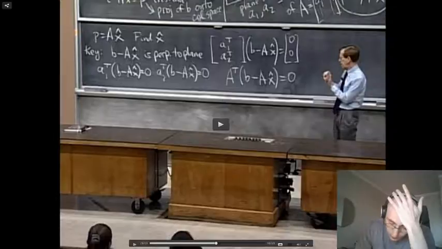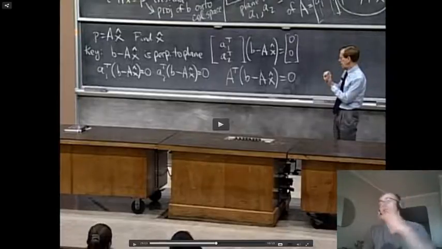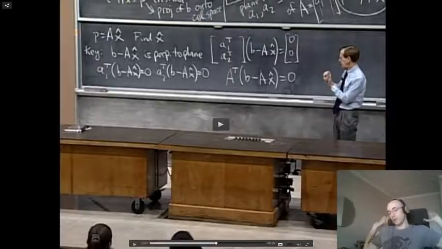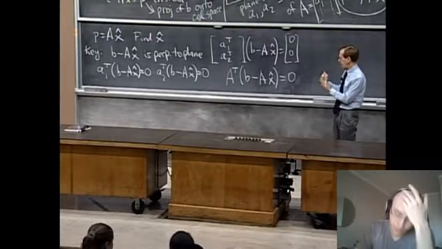And this is exactly what I said. What we are finding is a null space of A transpose, or the left null space of A, which will be perpendicular to the column space. And just exactly. Think about it.